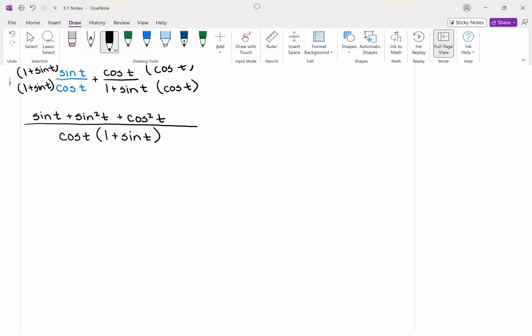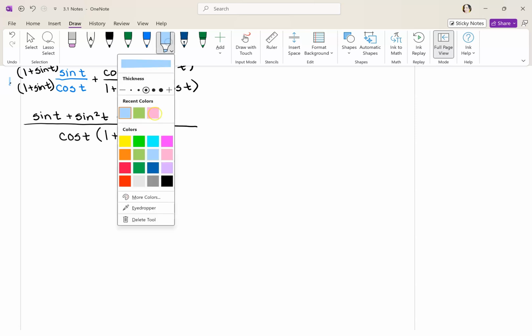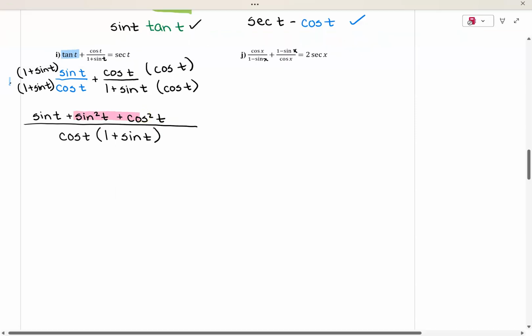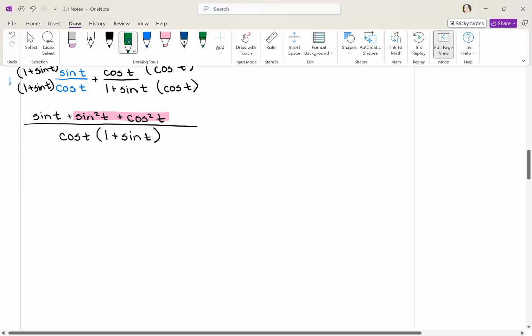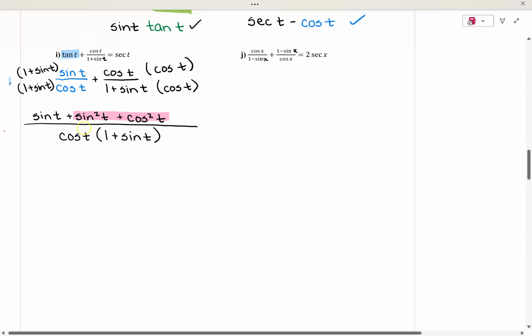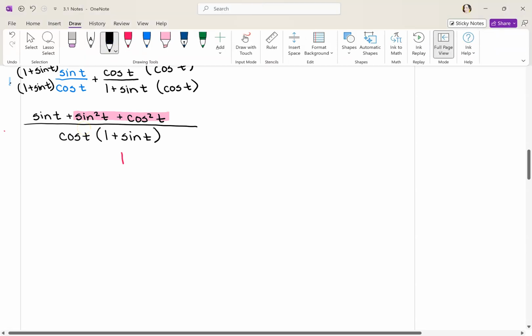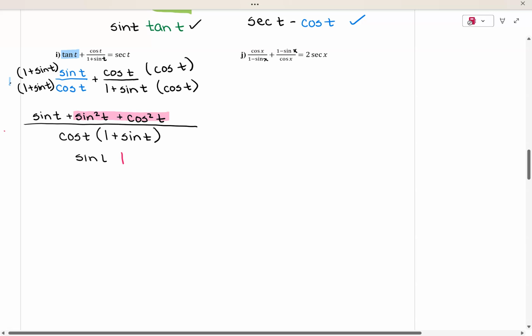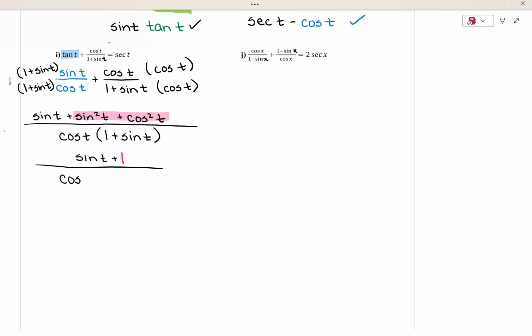And I'm hoping you're screaming at me right now, saying, hey, we got a sine squared plus a cosine squared. And what does that give us? 1. So we're going to have sine of t plus 1 all over cosine of t, 1 plus sine of t. Notice these are the same thing.